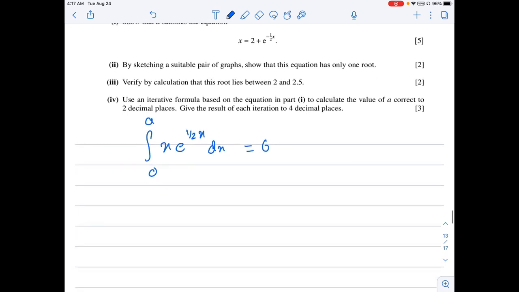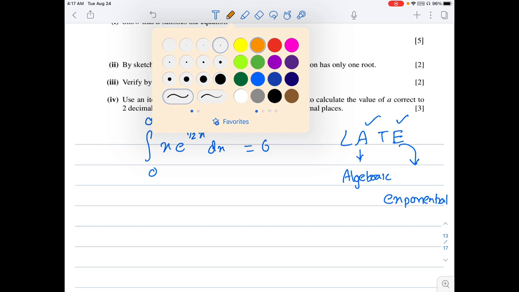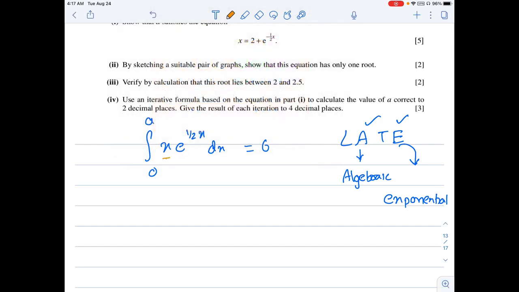So we have two functions, the algebraic function and the exponential function. So use the acronym RATE, algebra and exponential. A stands for algebraic, E stands for exponential. We can see that the algebra is coming first and exponential is coming second. So algebra is considered as first function, exponential is considered as the second function.